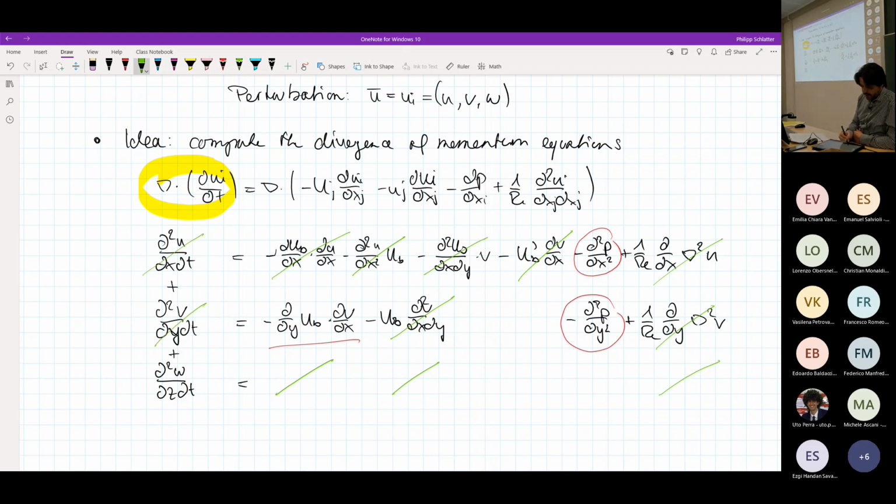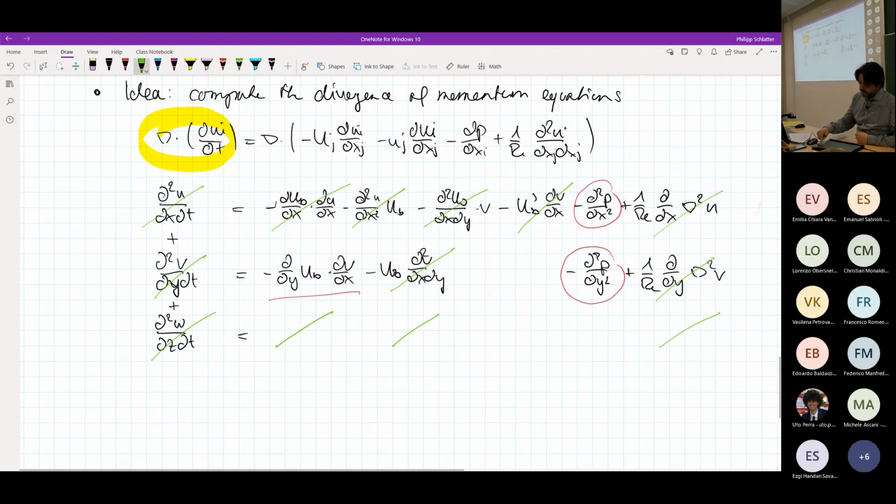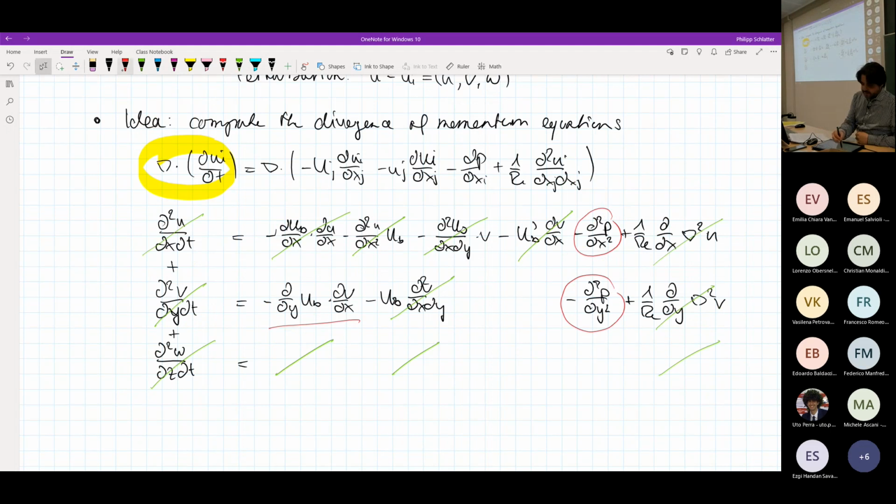Of course, the sum here of the time derivatives will also be 0 because we can just switch the time derivative out. So that means what we have in the end, as a consequence of doing the divergence, is that the only thing that is left is the pressure term plus this one term that comes from the y direction, which can act as a non-homogeneity in the pressure.